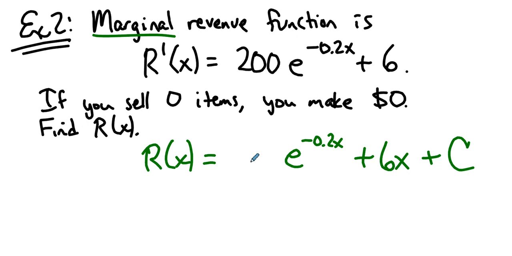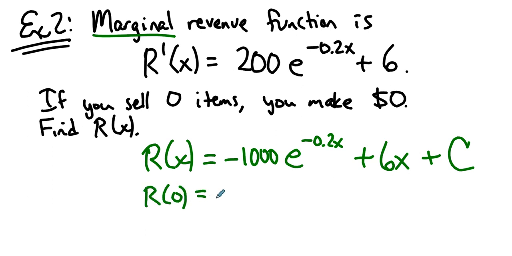So what's that going to be? Well, it's got to get multiplied by negative 1,000, doesn't it? Because the negative 0.2 multiplied by that gives you a positive 200. And so this becomes the revenue function once we know what c is. Well, if you sell 0 items, you make $0.